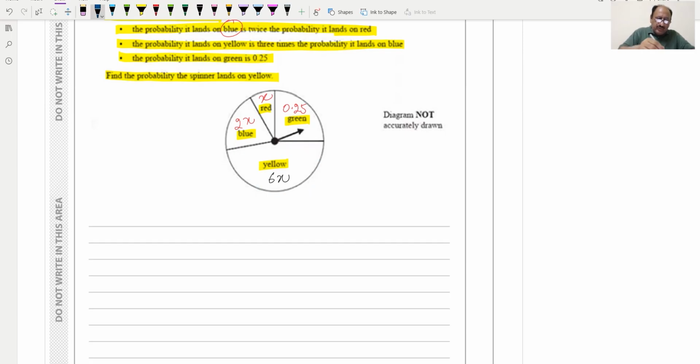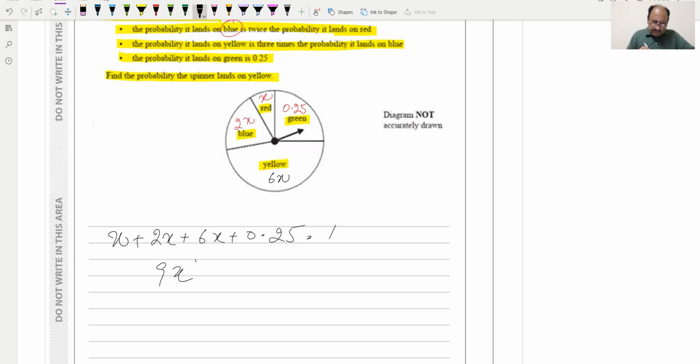We know that the sum of probabilities, since these are the only options, should add up to 1. So that's why we will write this equation: x plus 2x plus 6x plus 0.25 is equal to 1. So we can simplify this equation. This will be 9x.